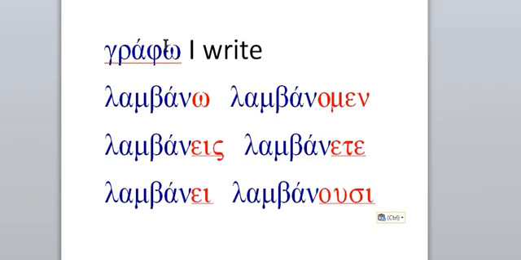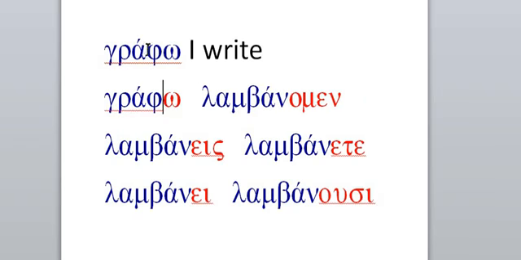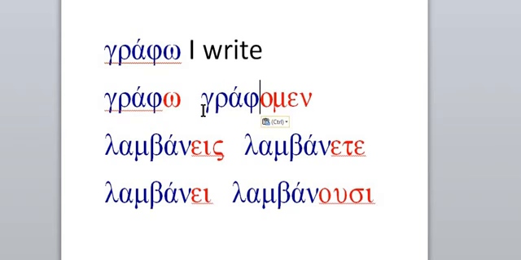So when you are writing the grapho verb, this is what you are going to do. I have to cut only this much, copy this one, and this is how it goes. Okay, graphomen.